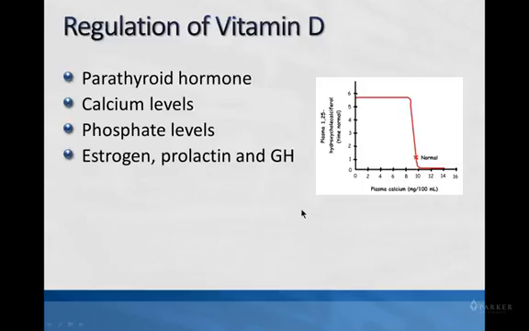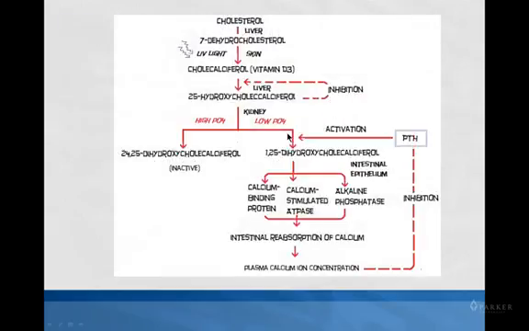You saw it increase the activity of 1-alpha hydroxylase, the last step in the formation of calcitriol, which takes place in the kidney. Phosphate also plays a role. Lower phosphate favors the formation of active vitamin D. If your blood levels of phosphate are too elevated, you will not make the calcitriol.